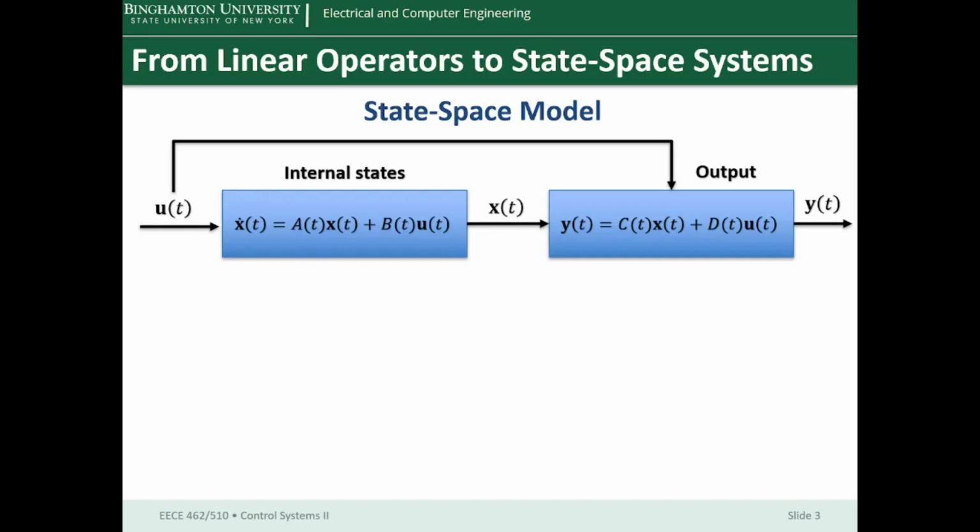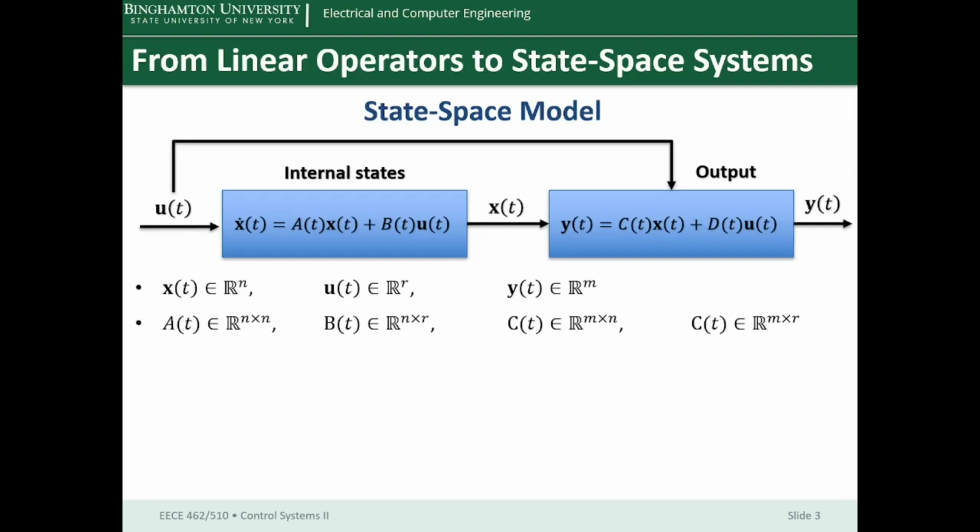But the real magic, the brain of the system, is packed inside those four matrices A, B, C, and D. We have our state vector x(t) living in an n-dimensional space Rn, our input vector u(t) lives in Rr, and our output vector y(t) lives in Rm.